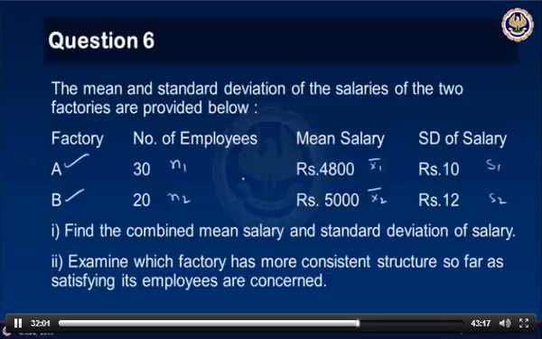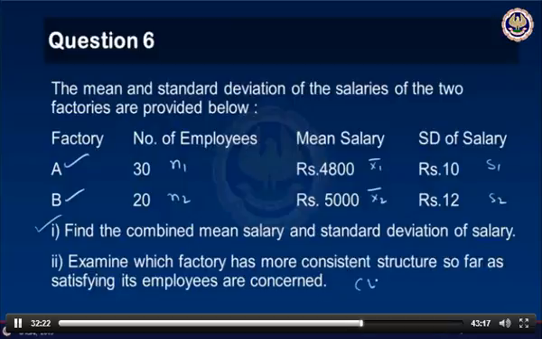Using the earlier slides, where the combined mean and combined standard deviation were also computed, we can apply those formulas first. Next, the second question is to examine which factory has more consistent structure as far as satisfying the employees is concerned in terms of salary.